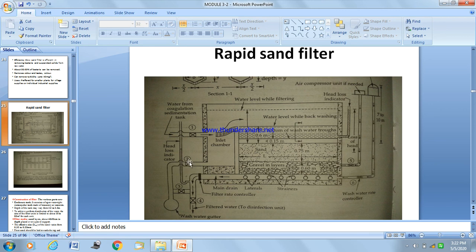Now you close the second valve, and you close the fourth valve, then you open the first valve, and the third valve will be open.